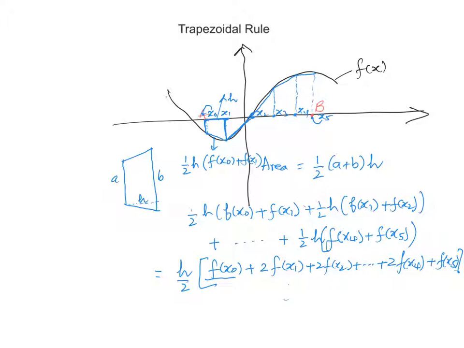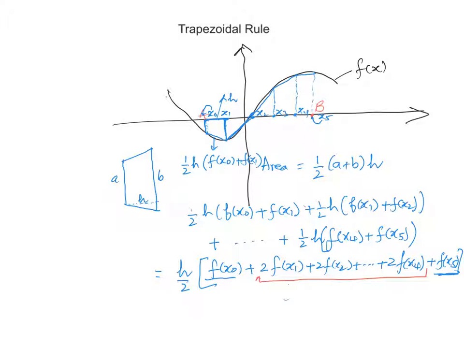The first and the last are the values themselves, and the intermediate ones are all multiplied by 2.